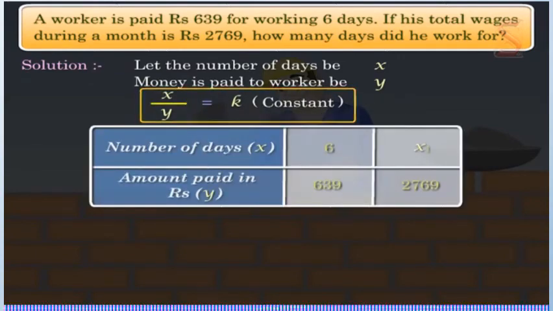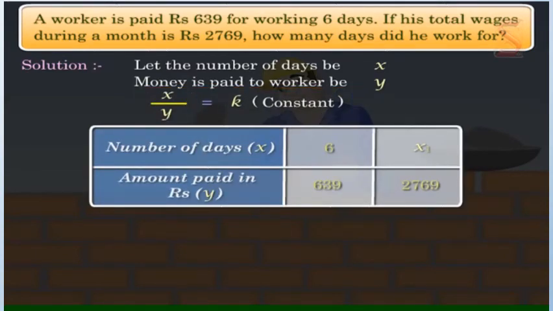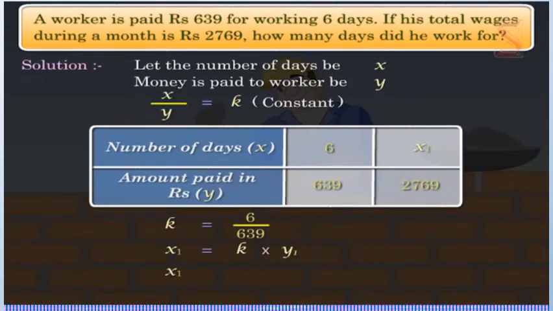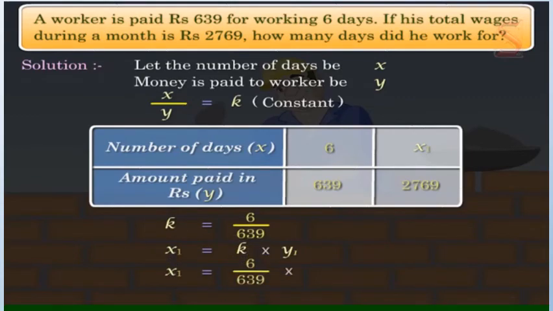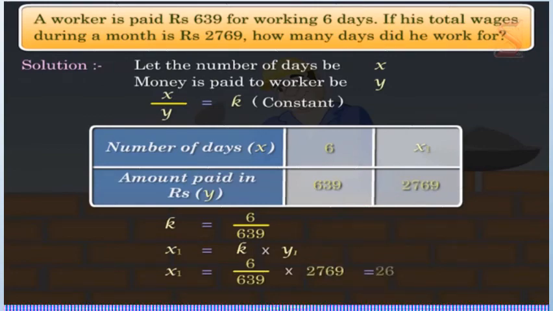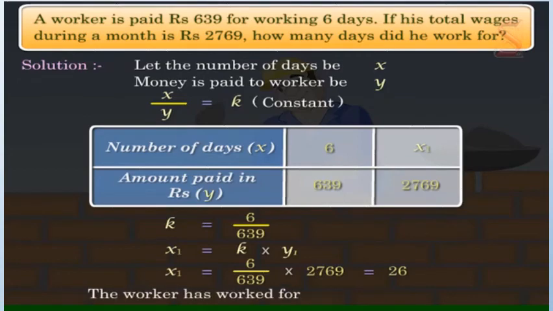Now as x by y equals k, we get k equal to 6 by 639. Also x1 equals k into y1. Here y1 is 2769 and k is 6 by 639. Substituting these values in x1 equals k into y1, we get the value of x1 as 26. So the worker has worked for 26 days.